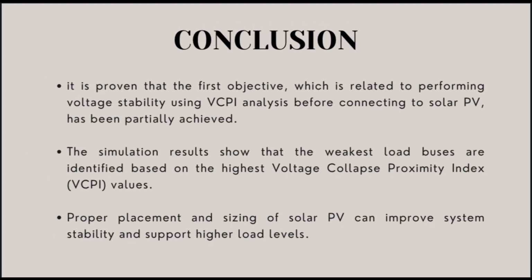In conclusion, it is proven that the first objective, which is related to performing voltage stability analysis using VCPI before connecting to solar PV, has been partially achieved. Then, the simulation results show that the weakest load bus is identified based on the highest VCPI values. And lastly, the proper placement and sizing of solar PV can improve system stability and support the higher load level.